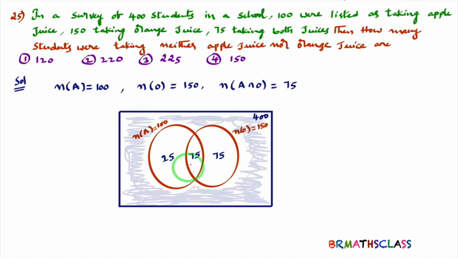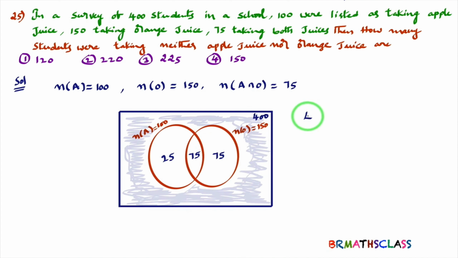Other than these two circles, whatever this shaded part is, those students are taking neither apple juice nor orange juice. You please try to understand. That means this full box, including the circles, is 400. But other than these circles, whatever the remaining part is, that is the part that is taking neither apple nor orange juice. So how will you get this part?